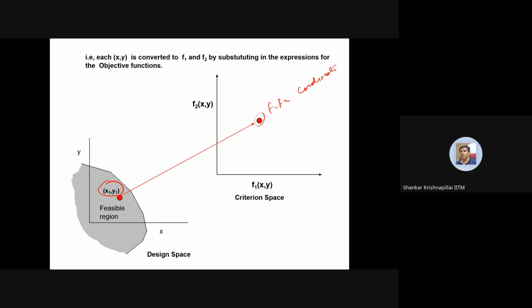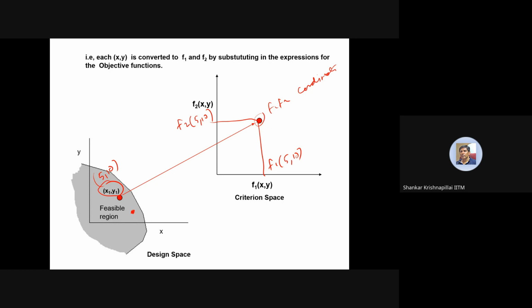How do you do that? Suppose this is (5, 10). You have to find f1(5,10) and f2(5,10), so it is converted into the two objective function values.